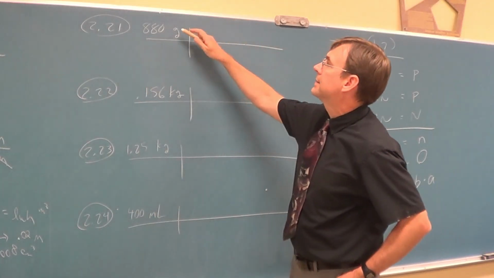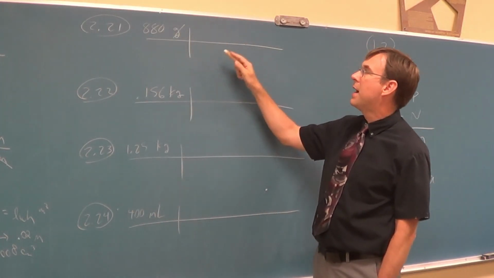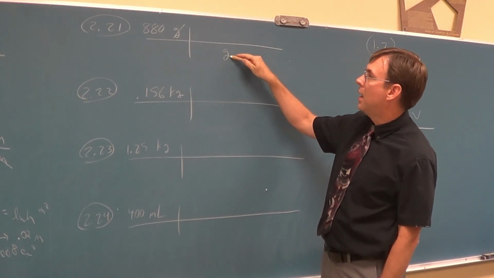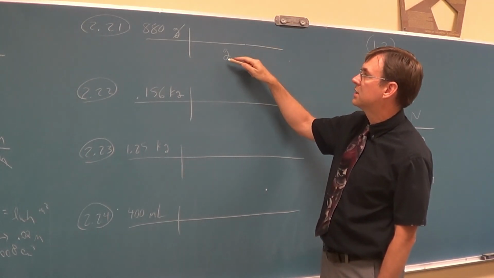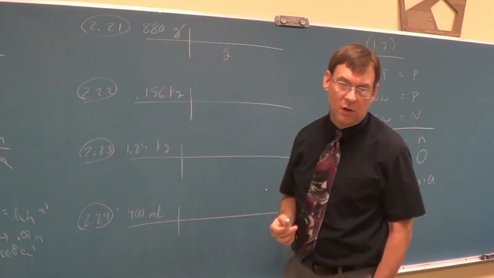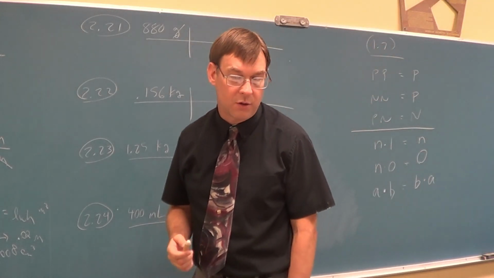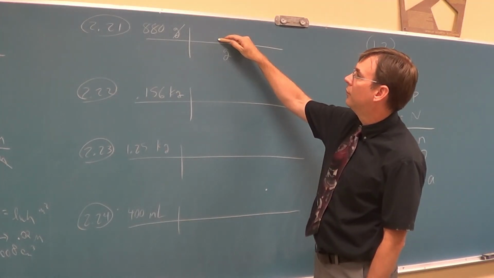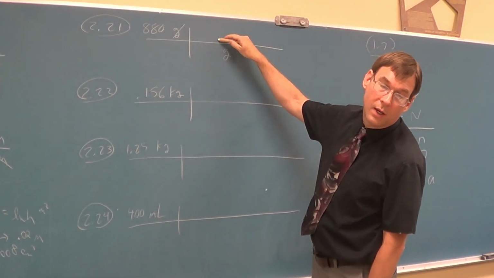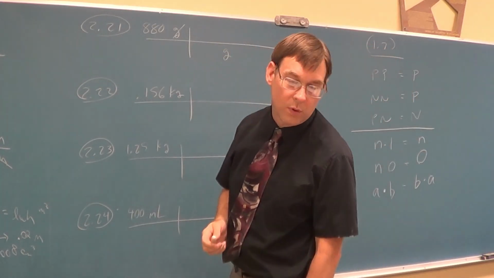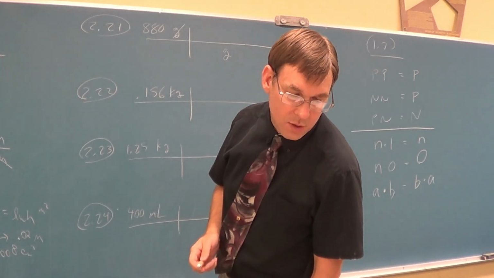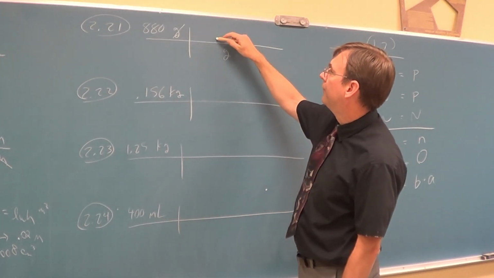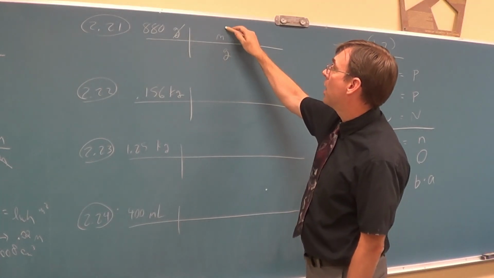So dimensional analysis: grams lives here, which automatically means grams is on the bottom for our next step. They give us on that page a conversion factor that grams can be turned into: grams per milliliter.